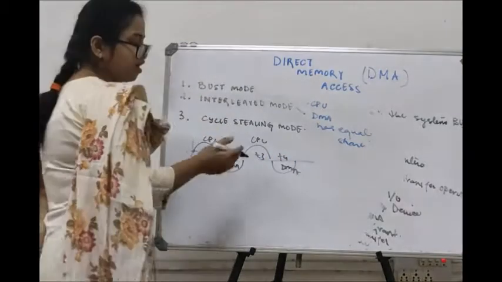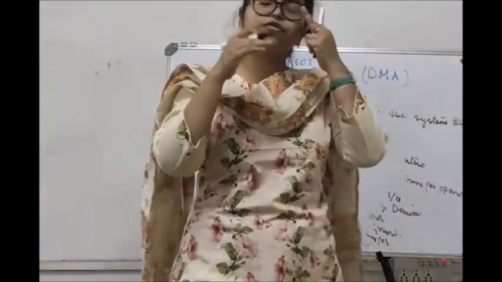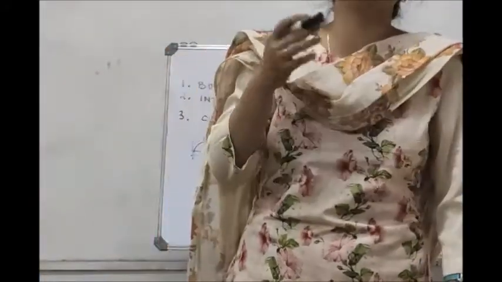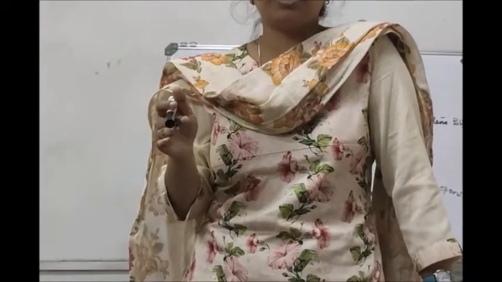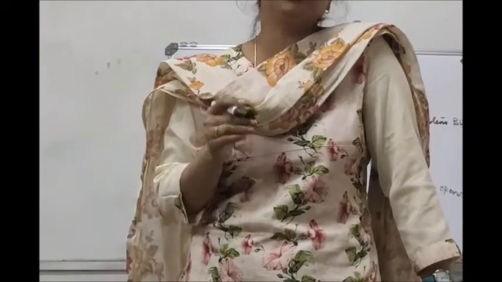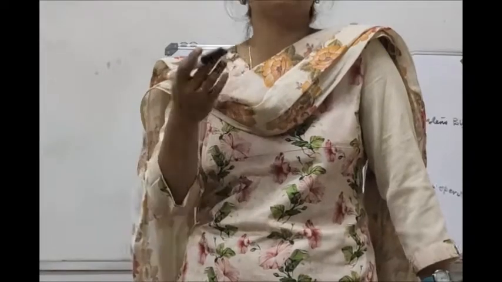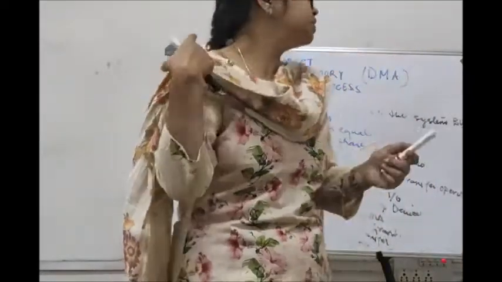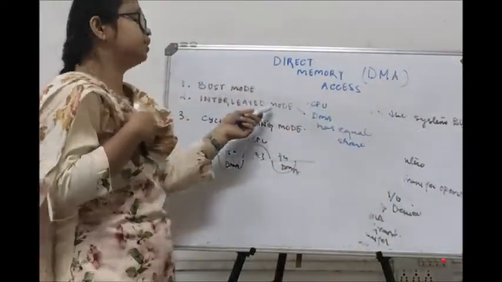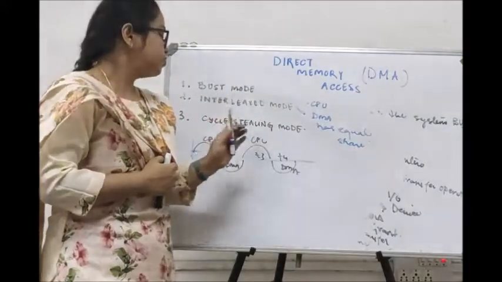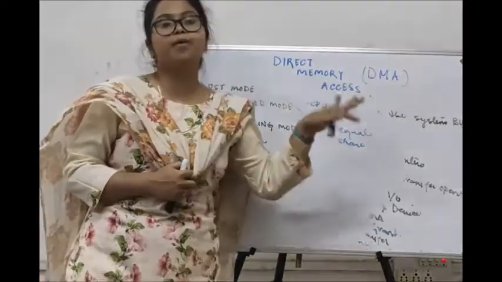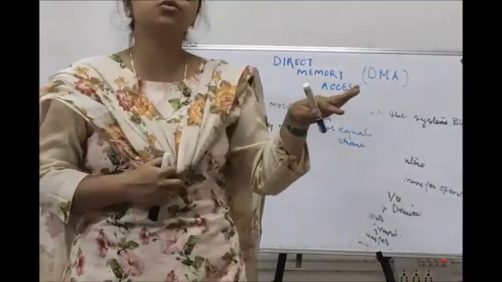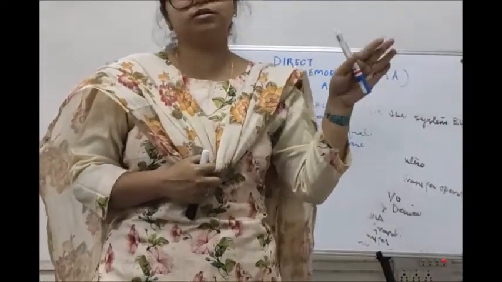So in this way, alternatively, the bus will be shared between CPU and DMA. This is in case of interleaved mode. Both will have equal share or equal power. No one is working above another.